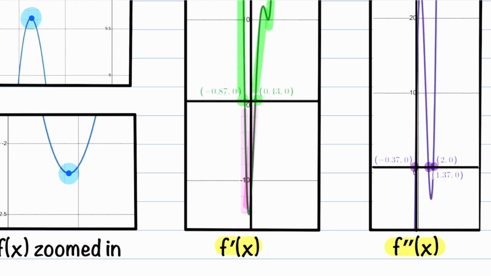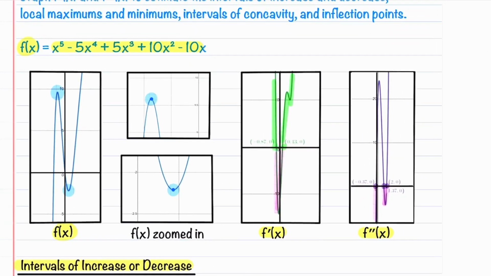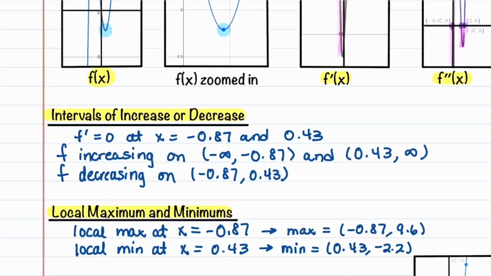To the left of minus 0.37, our graph is down here, and it is negative. And then in between 1.37 and 2, it's also negative. So that means in those regions, our function is going to be concave down because the second derivative is negative. Let's go down here and let's write this down.